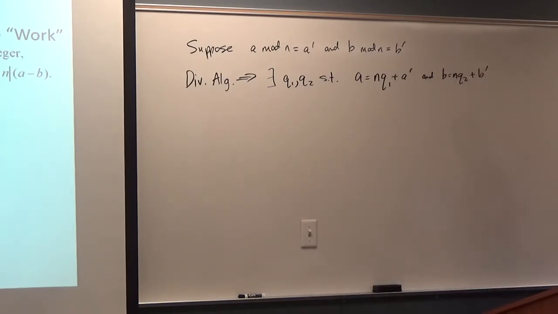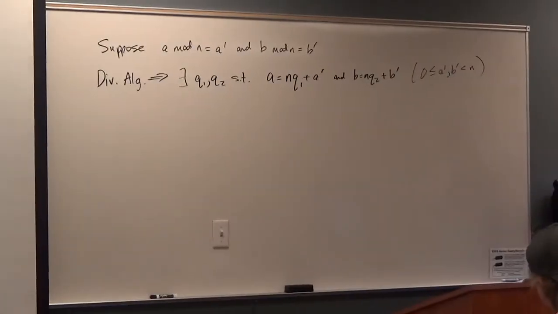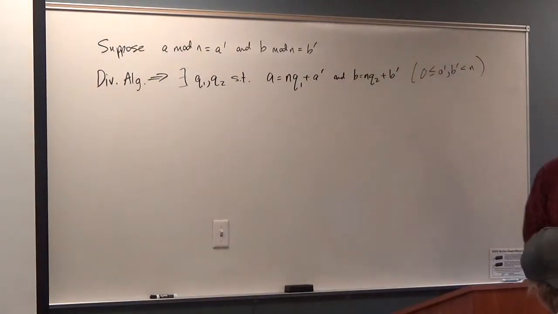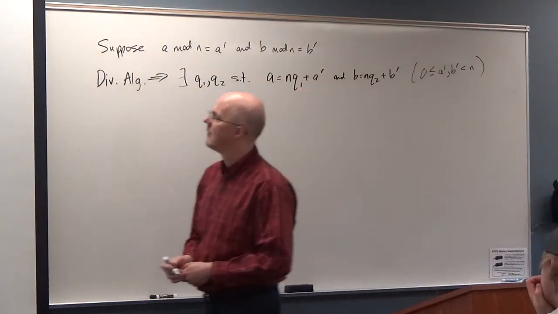We already are given a prime and b prime to be the remainders, and they're also assumed to satisfy this. That's the implicit assumption here.